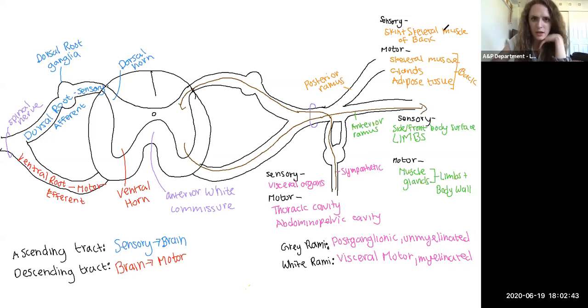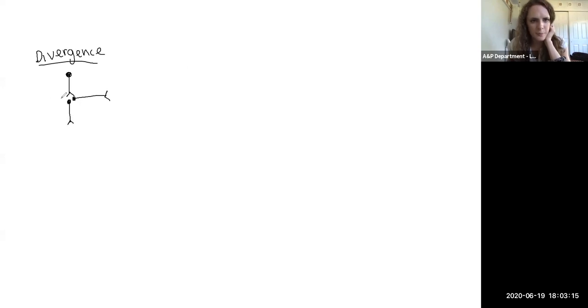Okay, circuit patterns. I am going to clear this real fast. Okay. Circuit patterns. We have different types of ways our neurons communicate with each other. Our first one is divergence. This is when you have one neuron that's going to diverge into multiple neurons at a synapse.